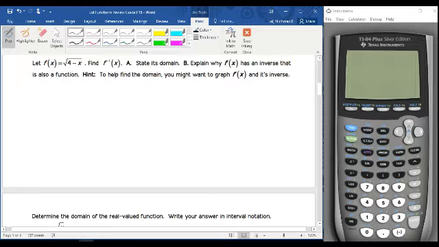Okay. So let's just look at f of x equal to the square root of 4 minus x. Okay. So let's find the inverse of the function.